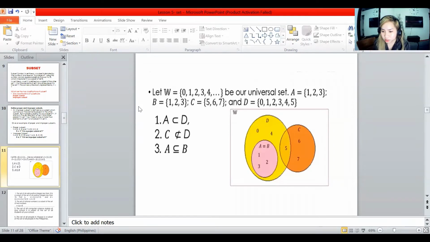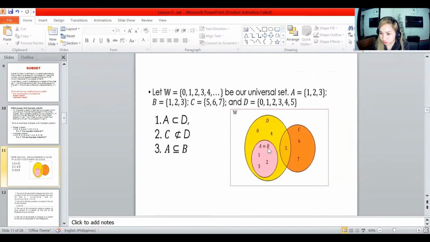Sa improper subset, equal po yung cardinality or yung elements ni set. So, A is an improper subset of B. Yung set A natin, elements 1, 2, 3. Set B, elements 1, 2, 3 din po. And as you can see, equal po yung elements nilang dalawa. So, ito po siya.